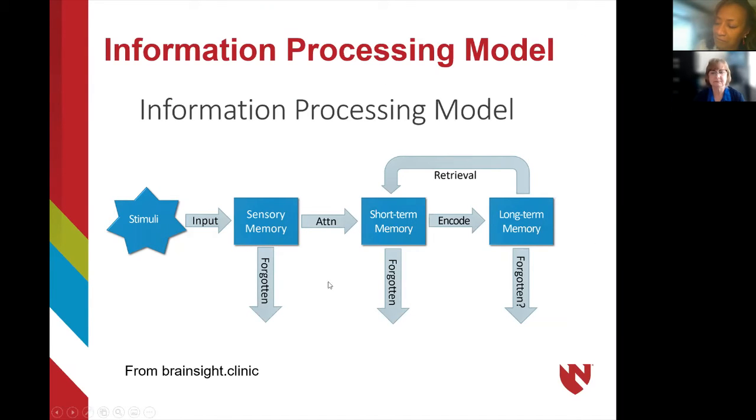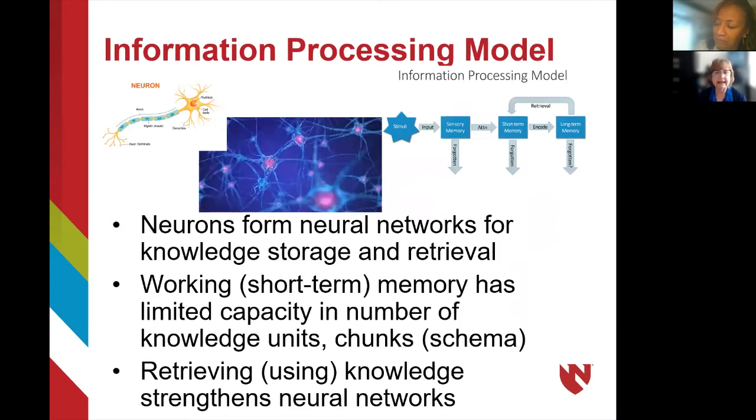So this is the basic information processing model that happens when our brain is trying to learn new information. And it happens at the neuron level. Neurons form neural networks that allow for knowledge storage and retrieval.